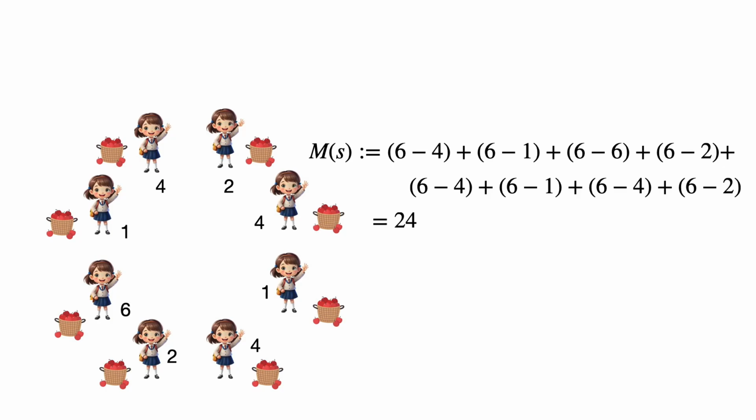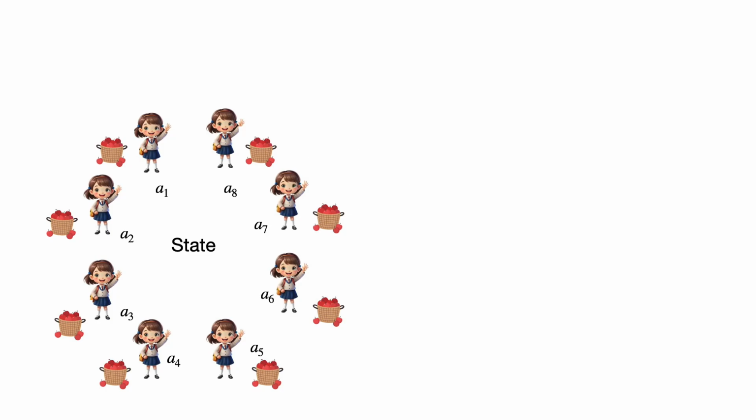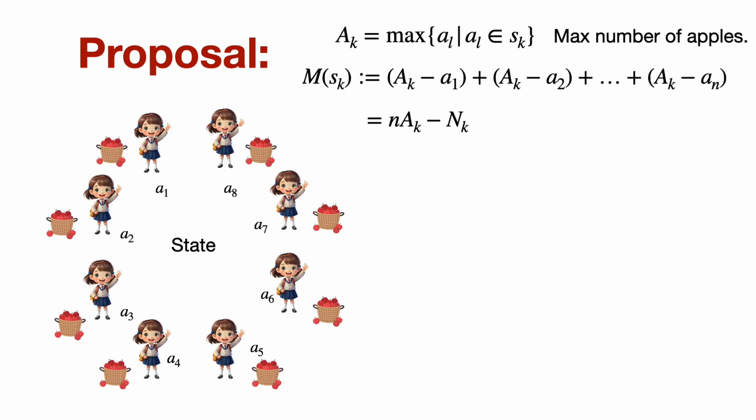So that is apple envy. And I claim apple envy is the monovariant we are looking for. So let's prove that. Let's set up the mathematical notation. Imagine you have a state with n people in a circle. Capital A_k is the maximum number of apples held by any girl. Let's say at the end of round k, you are in state S_k.